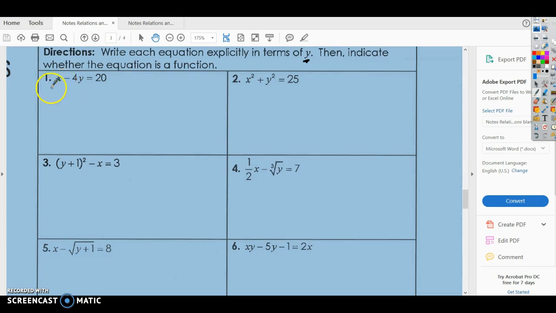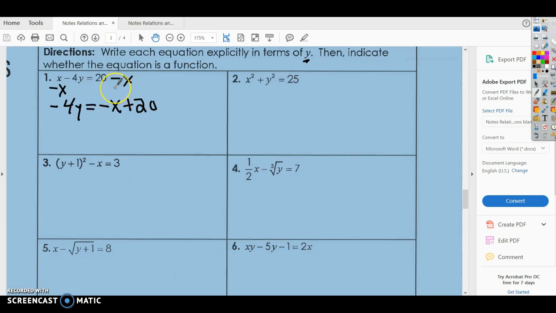Since that's a positive x, I'm going to subtract x from both sides. Anytime I have an equation, I have to do the same thing on both sides. I like having my x's first, so I'm going to use the commutative property to switch that and put negative x, and that's a positive 20.